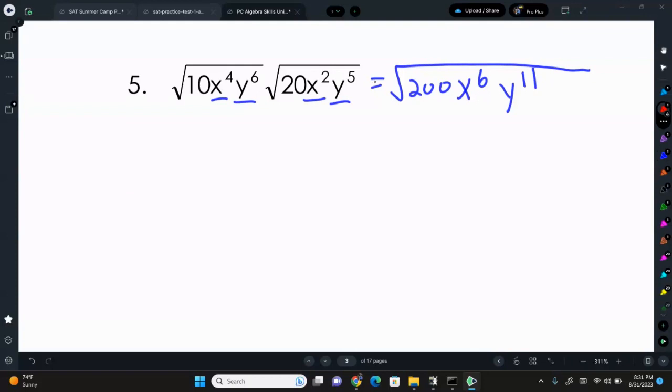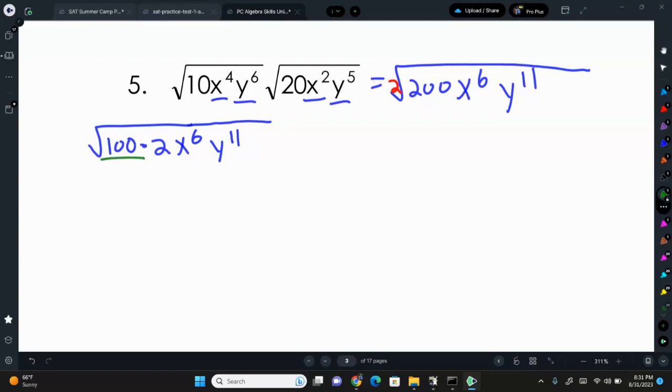So again, our index is 2. So the square root of 200, that can be broken up into 100 times 2. And then we have x to the sixth times y to the 11th. So now I'm going to start bringing things out.